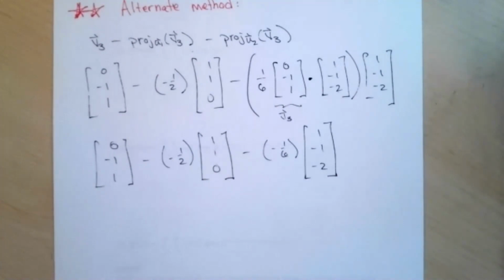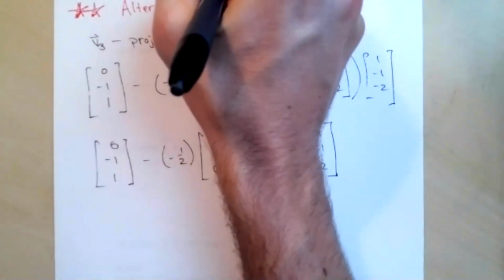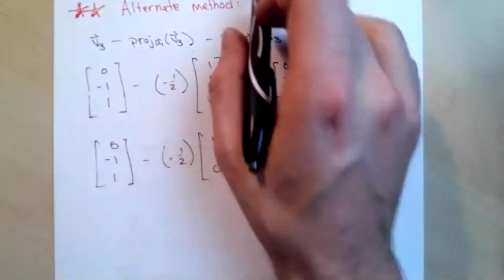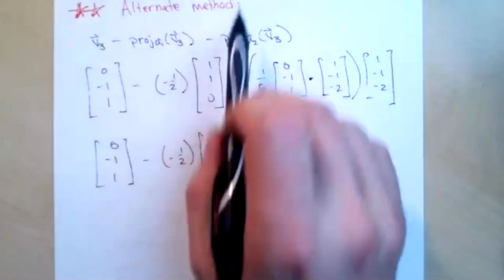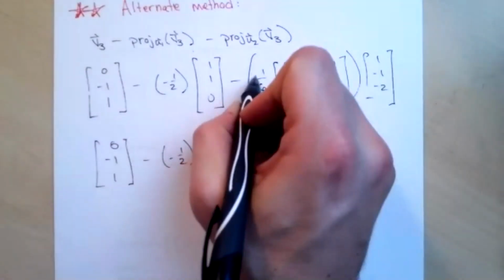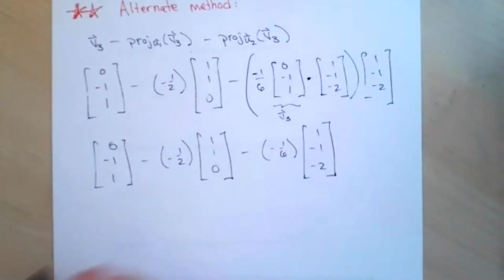Did I get all the minus signs correct here? Uh-oh, hold up. Our u2 needed that minus sign there, didn't we? Always careful with the minus signs. So that minus sign is actually not going to change much other than changing the direction. That would have put a minus sign here.